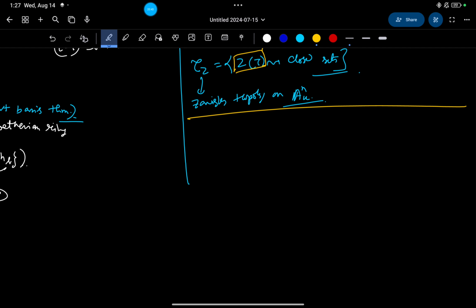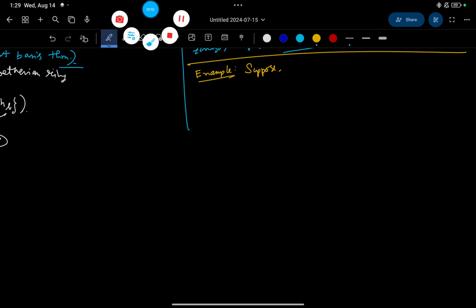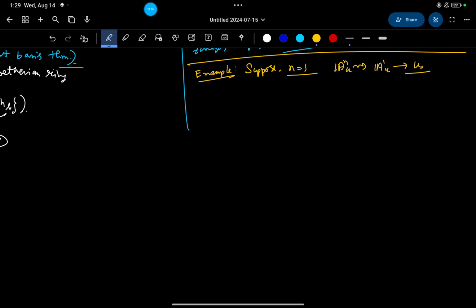So as an example, suppose we have n equals 1. In that case, what is A^n(K)? In that case, A^1(K) is the same as K. So basically it's just a field.